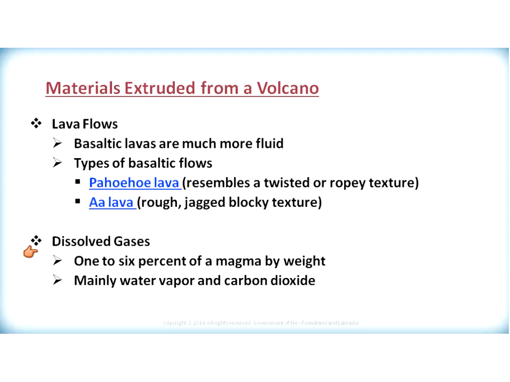Also, dissolved gases are another material that is extruded from a volcano. One to six percent of all magma by weight is made up of dissolved gases. These dissolved gases are mainly water vapor and carbon dioxide.